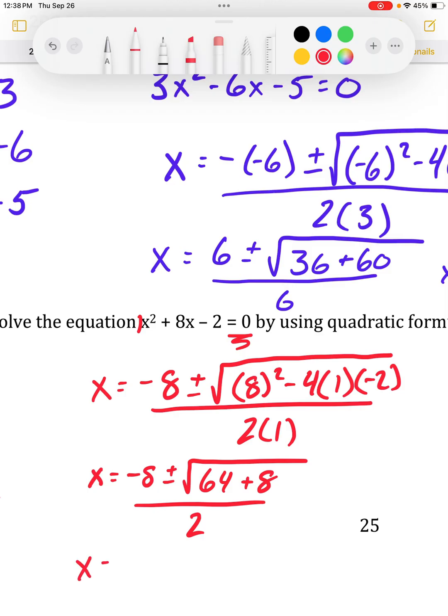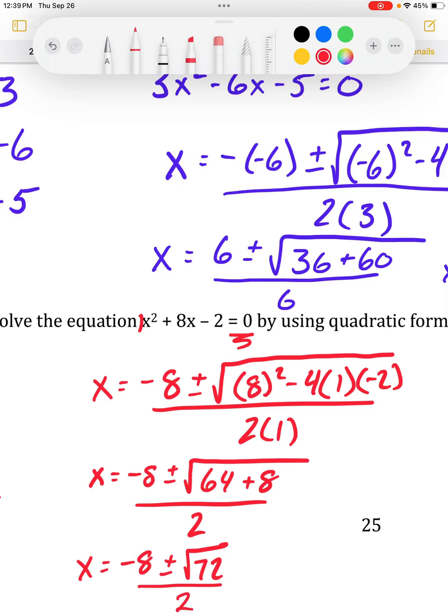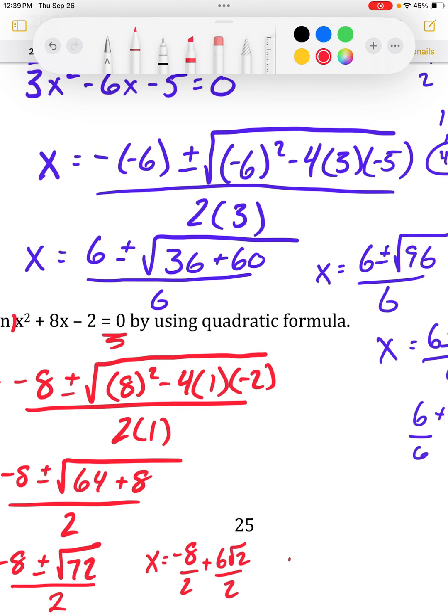So now I have x equals negative 8 plus or minus the square root of 64 plus 8, all over 2. Now 64 plus 8, that's 72. And I know 72 is broken down into 6 root 2. So this will be x equals negative 8 over 2 plus 6 root 2 over 2, and x equals negative 8 over 2 minus 6 root 2 over 2.